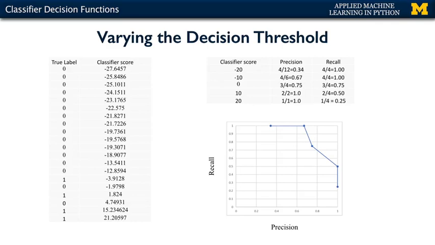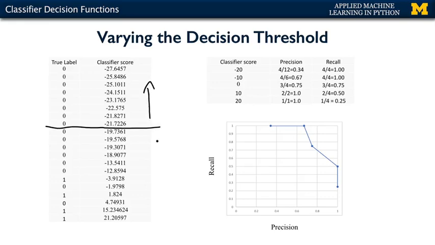On the left here is a list of test instances with their true label and classifier score. If we set a decision threshold, for example -20 here, then all the instances above the line are below the threshold of -20, so -20 or less.